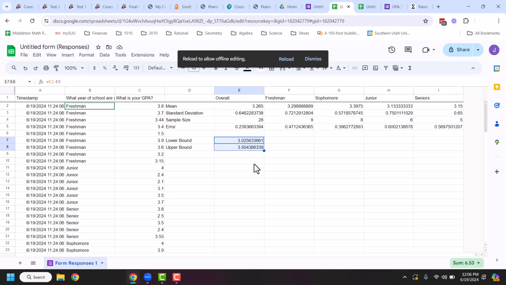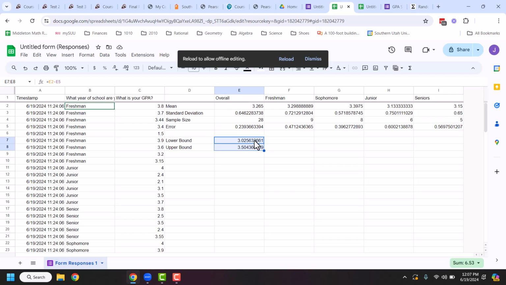Now, this may not actually be true depending on whether or not your sample was biased. For example, if you surveyed a group that was more likely to have a high GPA, like if you were part of some club that focused on academic excellence and you asked people to answer your survey there, that would be a bias in your sample, which means that this confidence interval might not actually be where the mean is, just because your sample was biased.